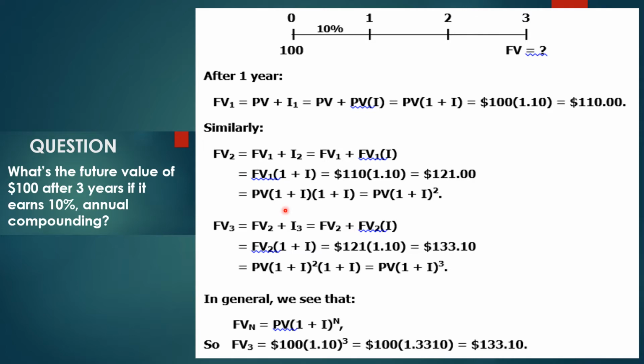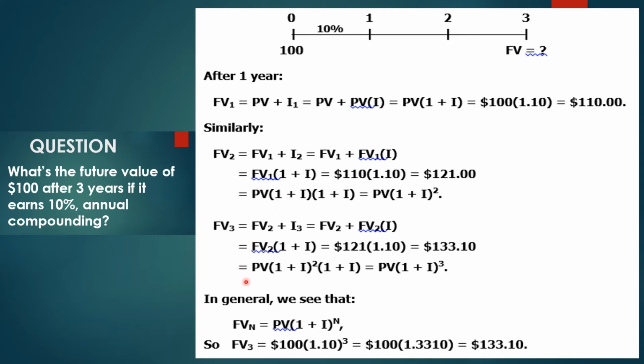So you do it for year 1 and year 2, making our formula simpler: present value multiplied by 1 plus I raised to 2, because that's twice. The 2 here means the number of years.